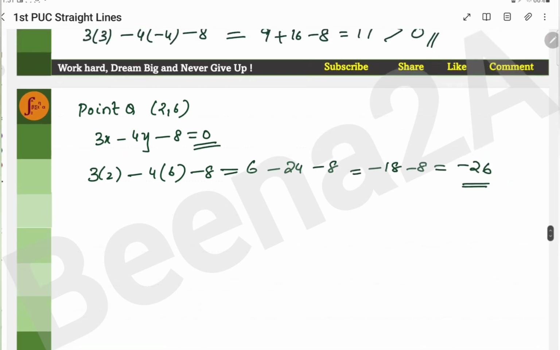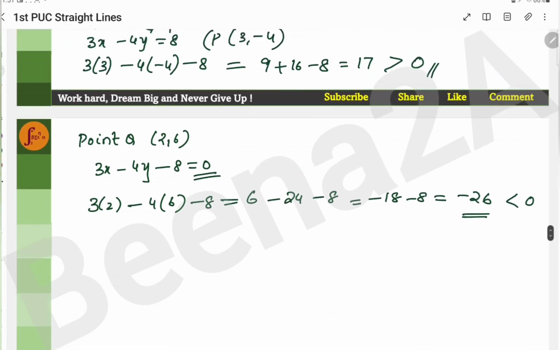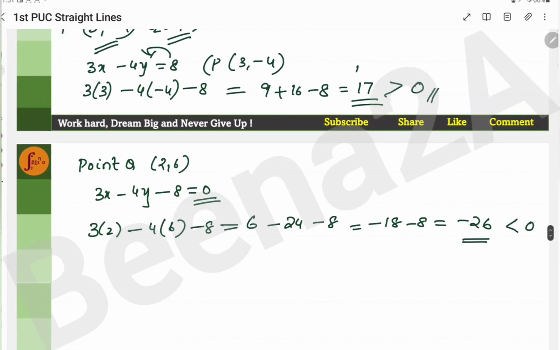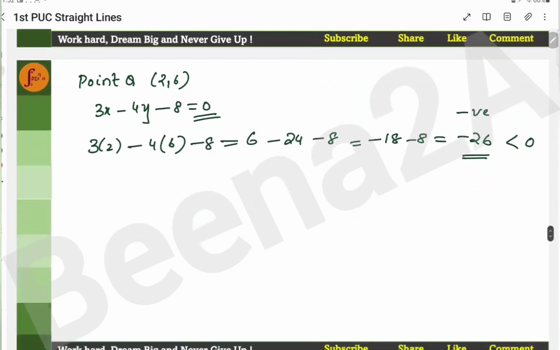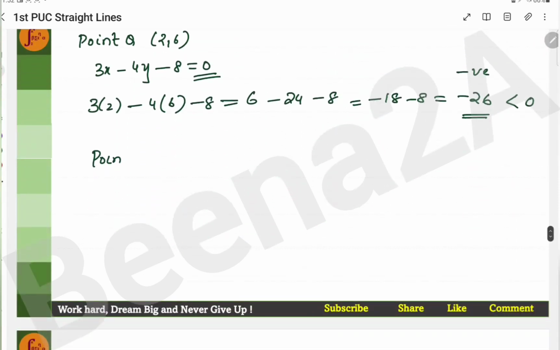This is a negative value, which is less than 0. So this is a positive value, this is a negative value. So both are opposite. One is greater than 0, one is less than 0, which means that the points are on opposite sides of the line.